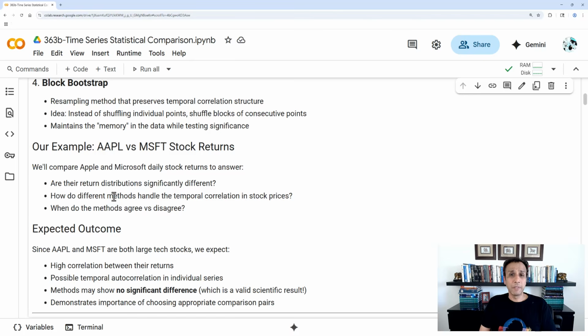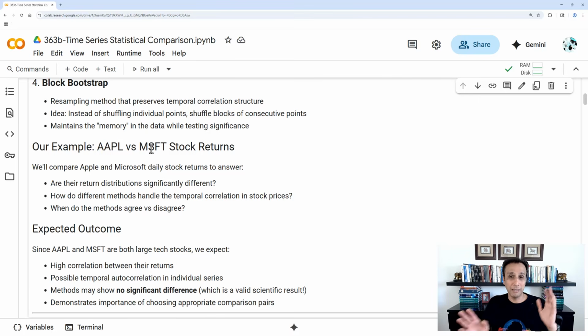Okay, in this example, we are going to use Apple versus Microsoft stocks. I don't anticipate much of any difference between these two. That's why I think this is a good test, because both are tech stocks and both tend to go up or down unless one of these companies screws up or does an amazing job.